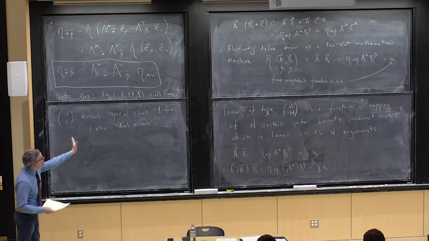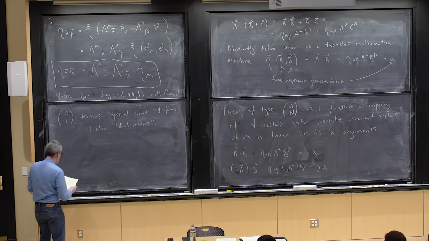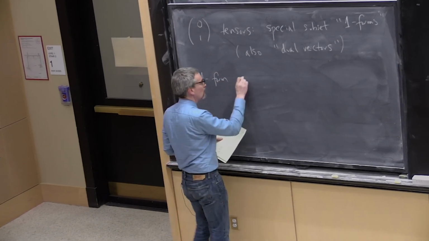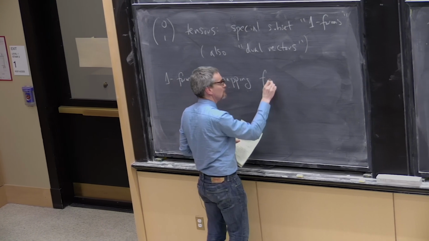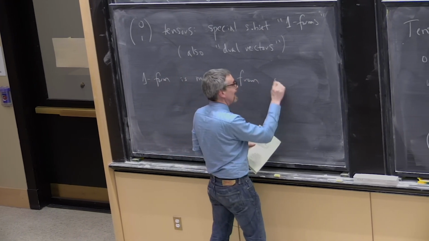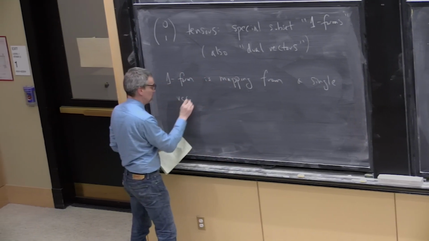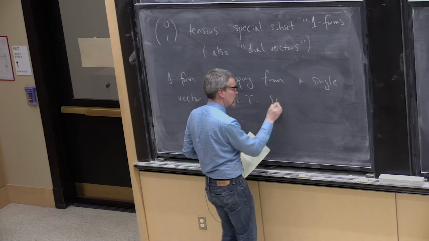So if we go back to the definition of a tensor, this tells us that a one-form is a mapping from a single vector to the Lorentz invariant scalars.